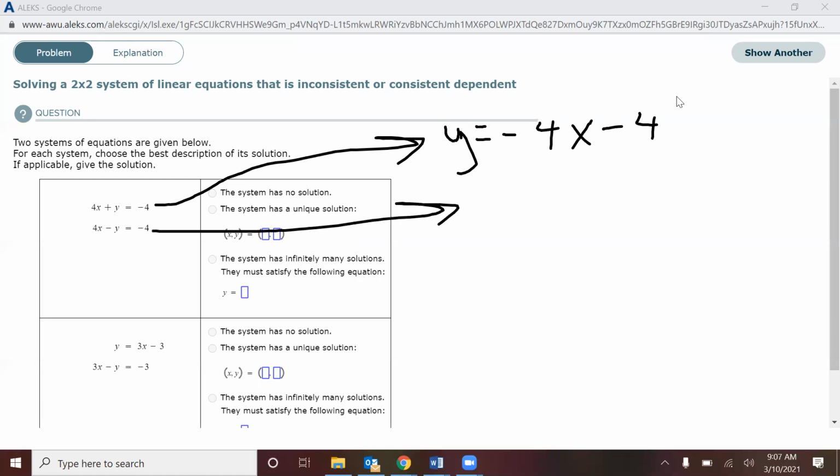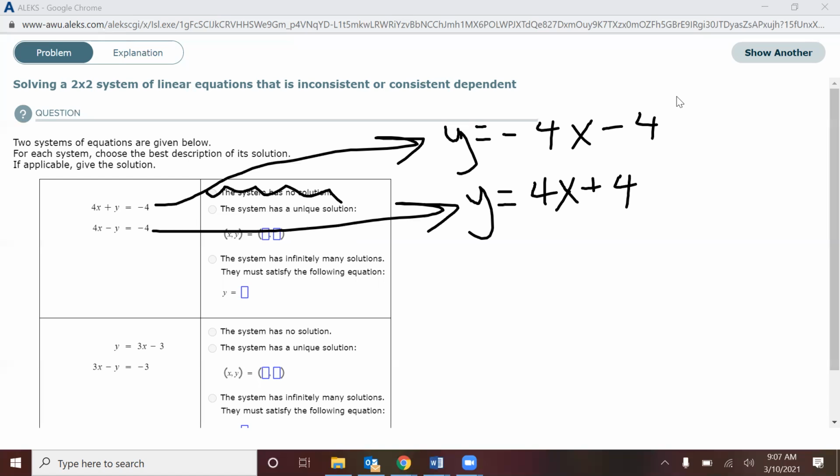And the other one, if I get y by itself, I get this. And I can see in this example that the slopes are not the same, so they're not parallel. So the first answer is not going to be right.